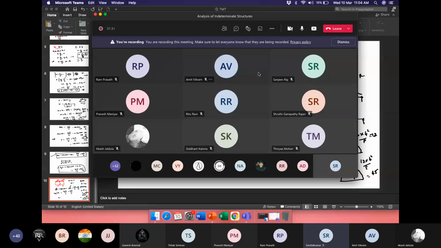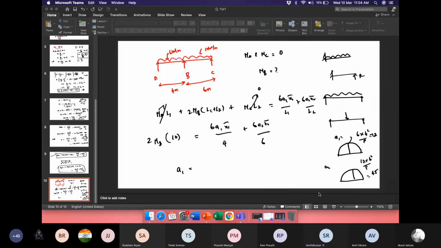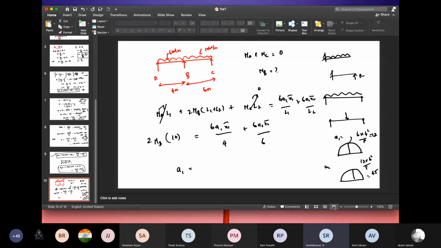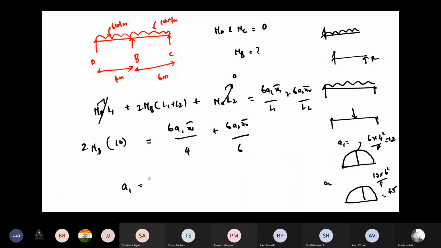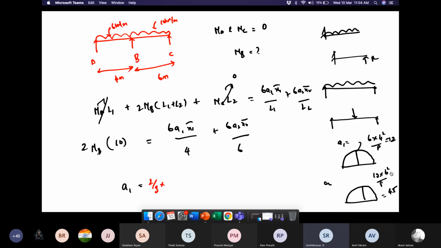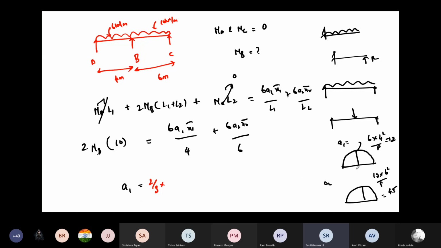Hey, you have done the whole semester last year, right? Moment area method, have you done or not? MAM with UDL and all. 2 by 3 times the area of the rectangle enclosing it, 2/3 of L into H. L is the length, 4 meter.